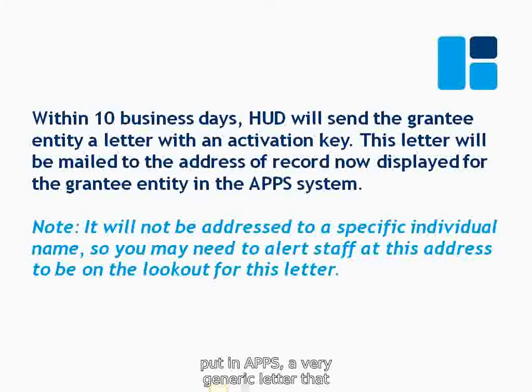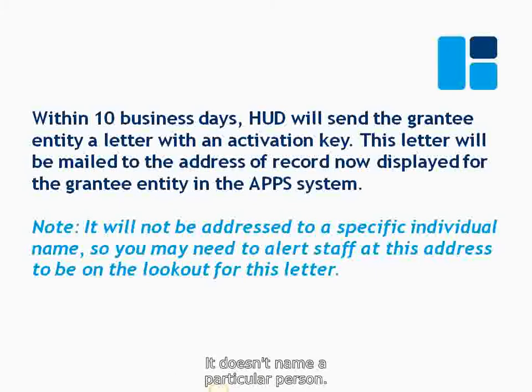And unfortunately, this letter is not going to say, "Dear John Smith, here's your activation key code." It's going to be template based. It's very non-specific. It'll be addressed to the grantee entity using the address that you put in apps, but it usually says something like "Attention President CEO." It doesn't name a particular person.